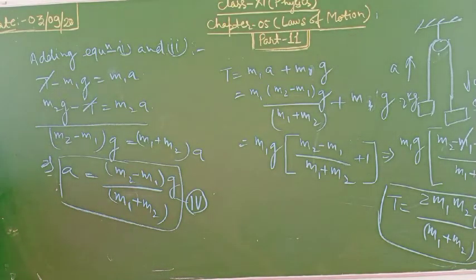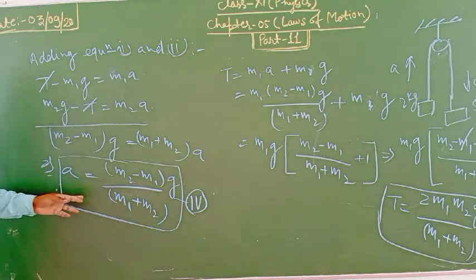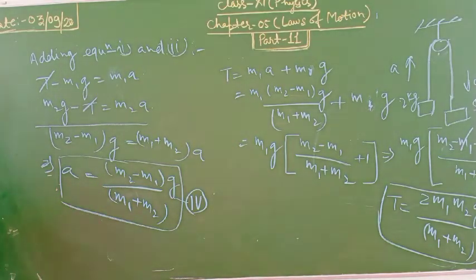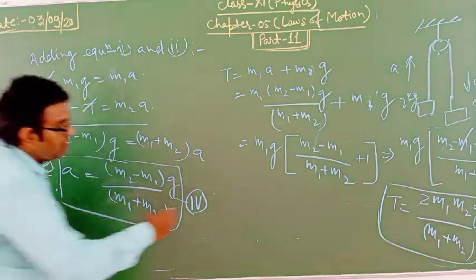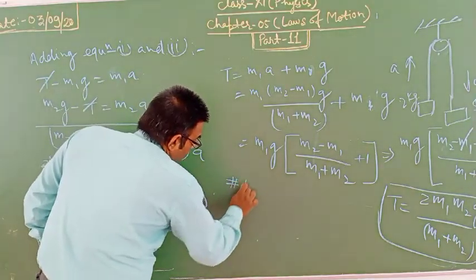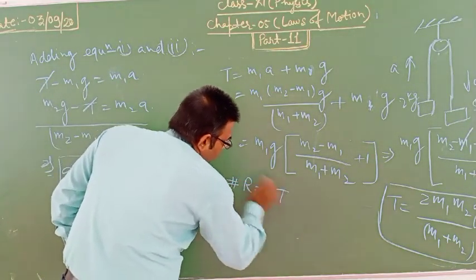Now we are moving towards the next question, that is the third numerical. In this question, we have to calculate the normal reaction produced in the pulley also. So R is equal to 2T in case of pulley.